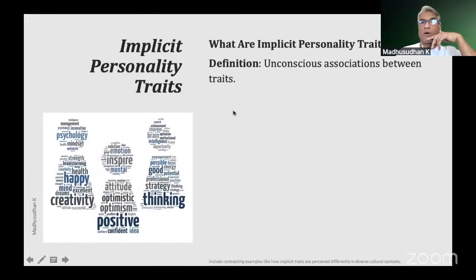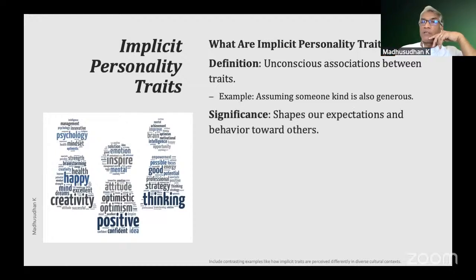Implicit or something, these unconsciously we associate between traits. If I say something, what do you call warm? Warm means very close or people who can understand you.